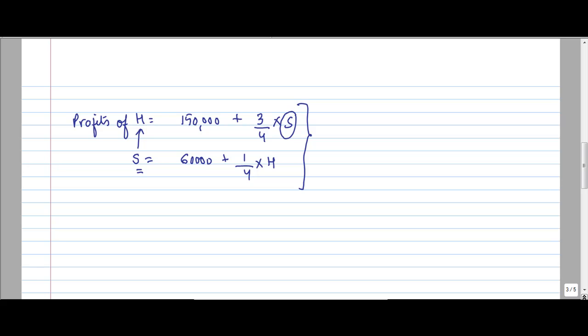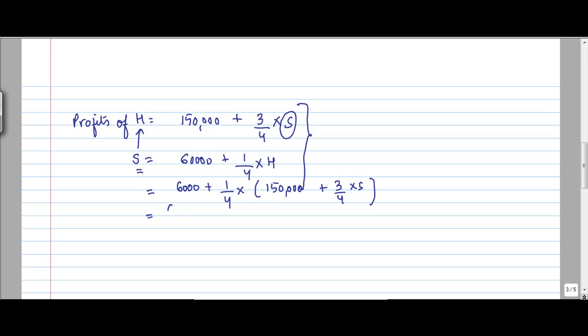Now, just like we used to do there, what we will do is equate the values. So I can also write this as 60,000 plus 1/4 into H. What is the value of H? H is equal to 1,50,000 plus 3/4 into S. Okay.